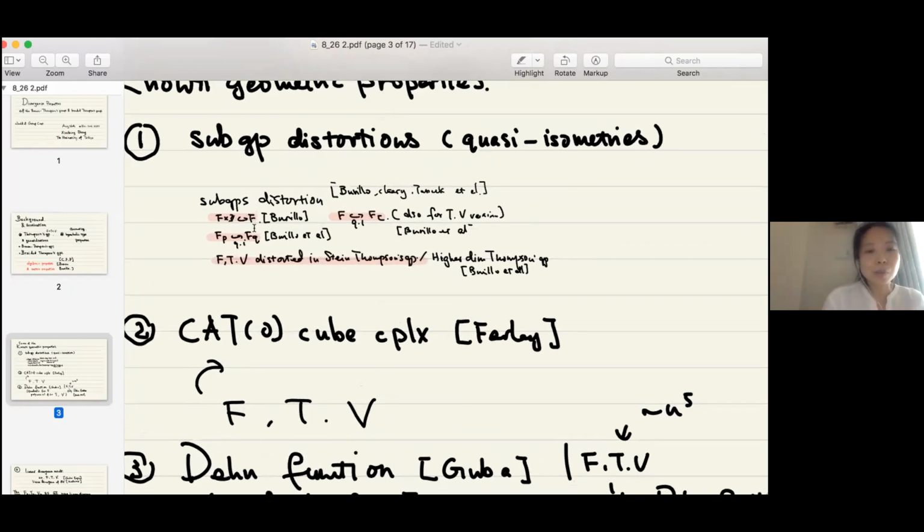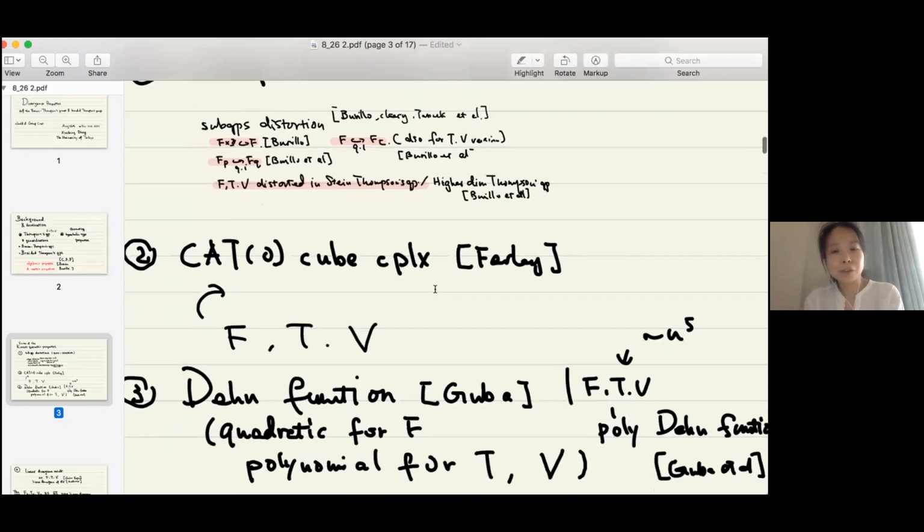Here are the groups embedded quasi-isometrically into Thompson's group. And then also some results on the generalization, especially on the Brown-Thompson groups. And the groups are distorted in Stein-Thompson groups and the higher dimensional ones.